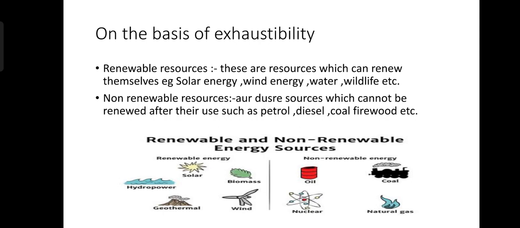Renewable resources are those which can renew themselves, such as solar energy, wind energy, water, wildlife, and non-renewable resources are those which cannot be renewed after their use, such as petrol, diesel, coal, firewood, etc. So we can also show through the figure to students and compare renewable and non-renewable resources, such as renewable resources are solar, biomass, hydropower, geothermal, wind, etc. On the other hand, non-renewable sources are oil, coal, natural gas, nuclear energy, which can be used only once.